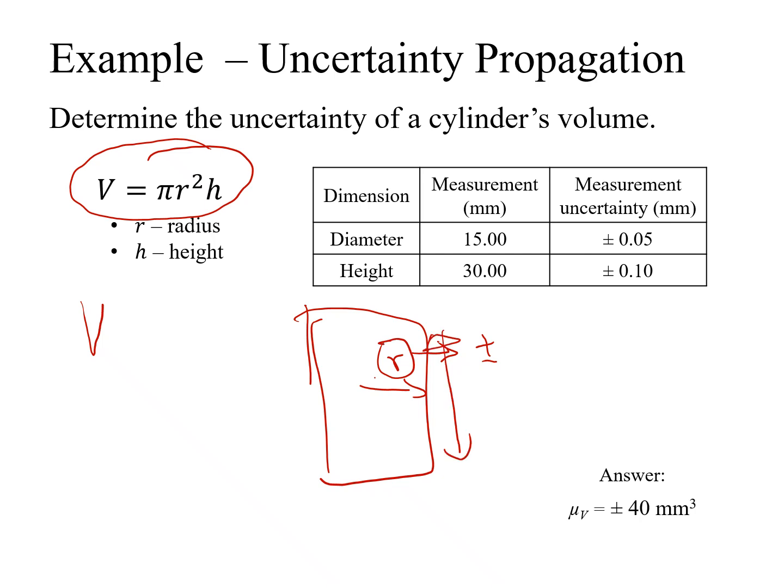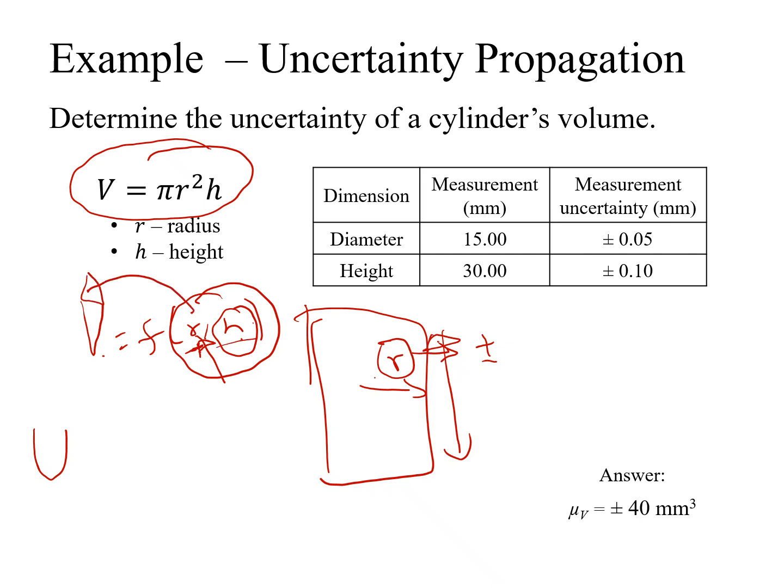So volume is a function of R and H. Now find the error due to propagation of error, because volume is a function of these measured values R and H. As you measure R and height with the vernier caliper, there is error associated with that, and it will propagate to volume. Use the partial derivative formula to find out how much that error is.